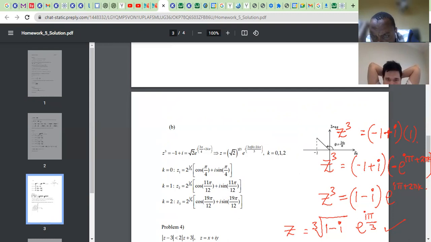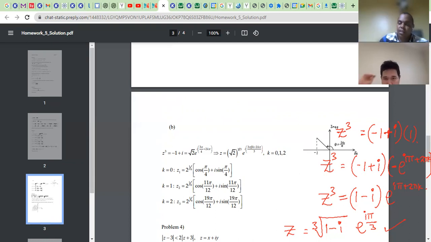The 3 pi over 4 is coming from the -1 plus 2k pi. Oh, I see.